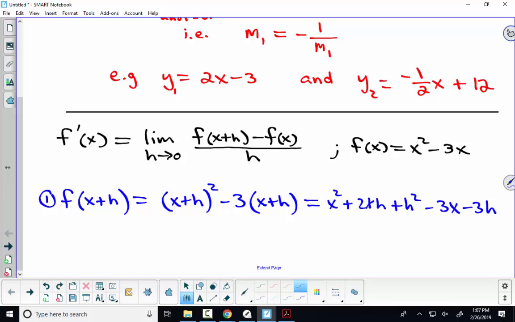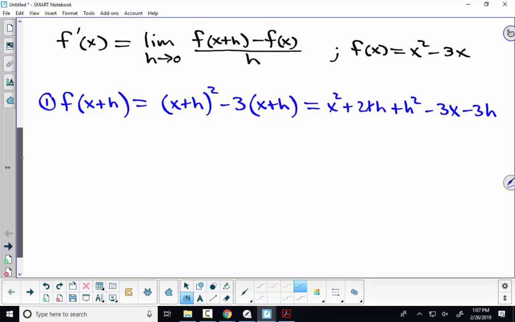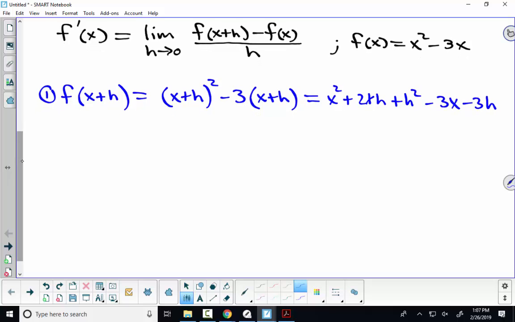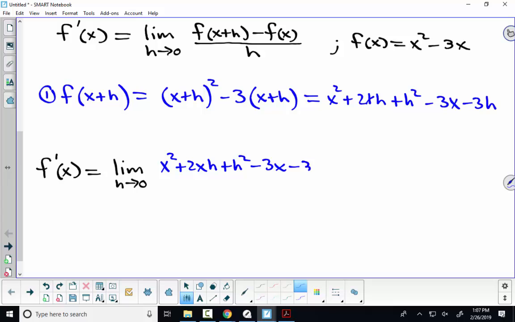And once we plug that into the definition and subtract off f of x, some of the terms will cancel. All right, so we have f prime is this limit of our f of x plus h minus f of x.